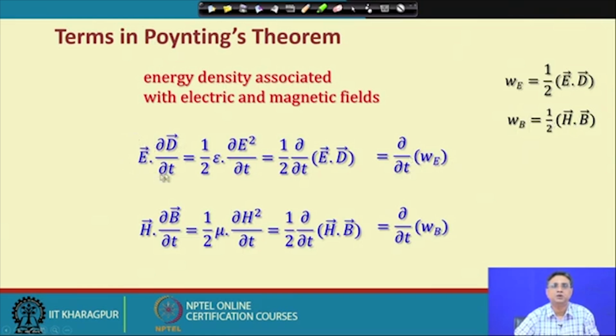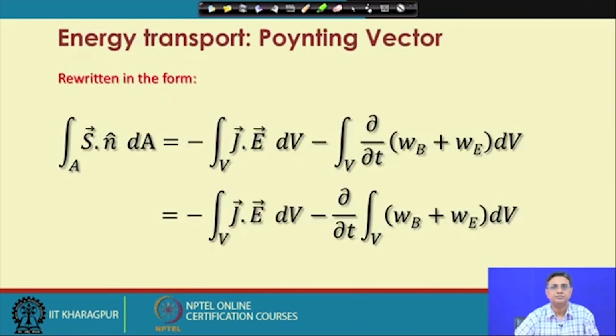Therefore, these two terms which are appearing in the equation can be replaced by the sum of these two terms. That means this sum is equal to del T of the sum of the energy densities associated with the electric and magnetic fields.